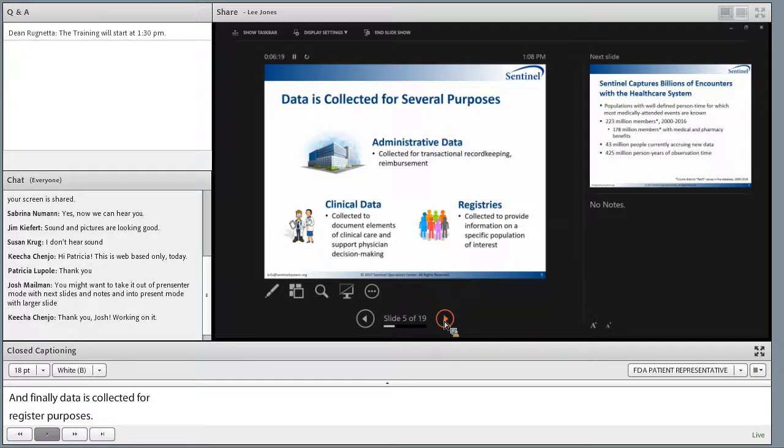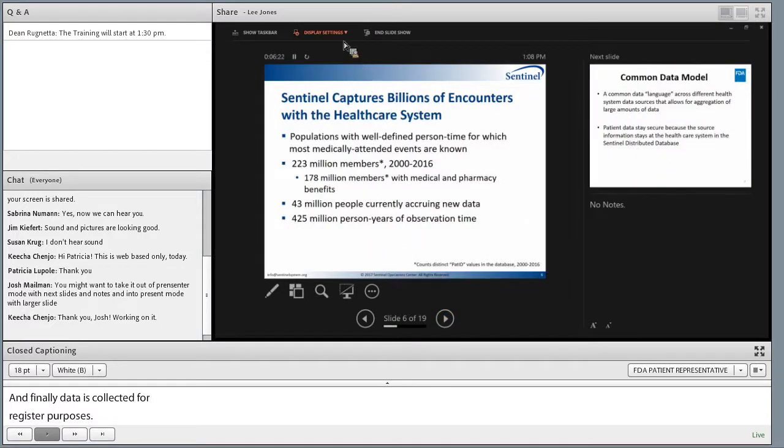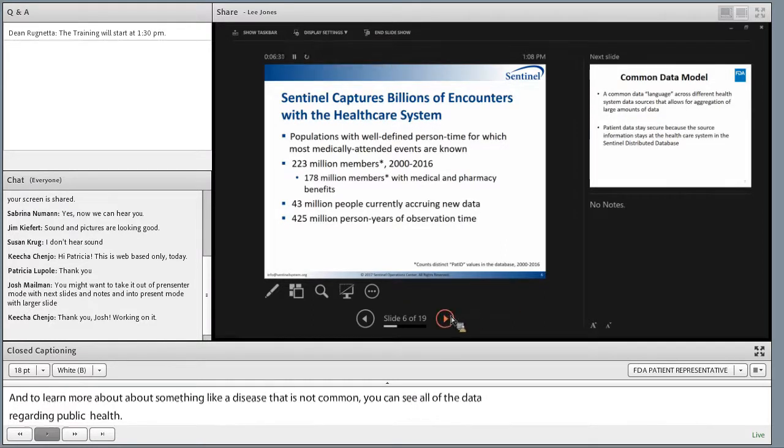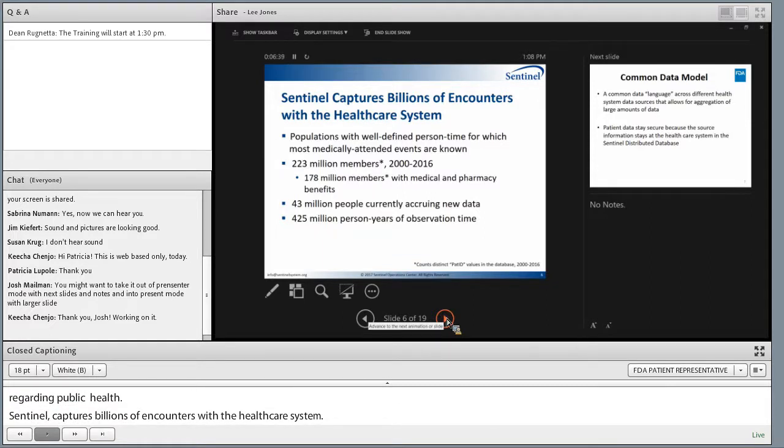So Sentinel, FDA's distributed database, captures billions of encounters with the healthcare system. Populations with well-defined person time, where encounters with healthcare professionals are known and documented. That's the data that we have.